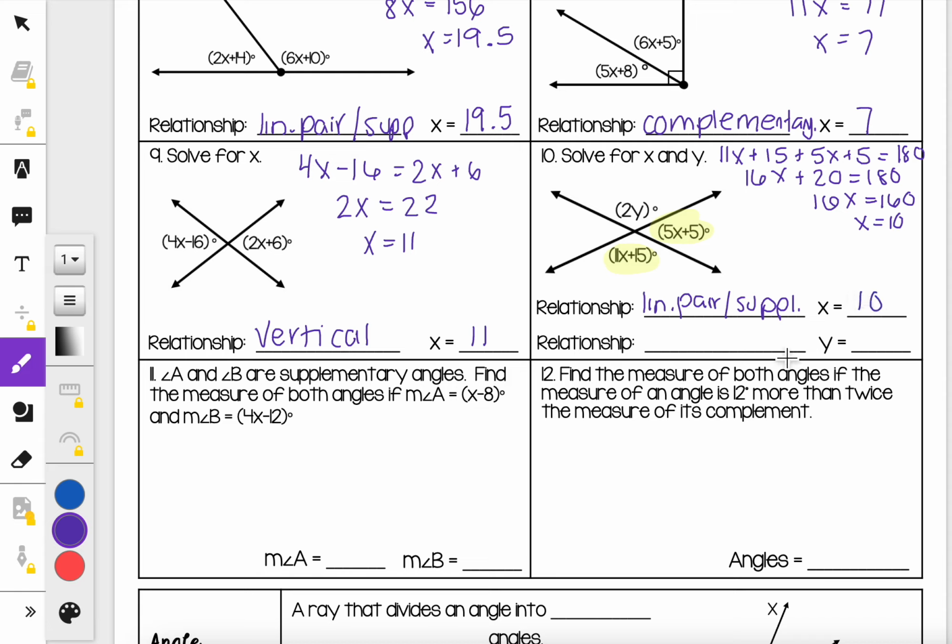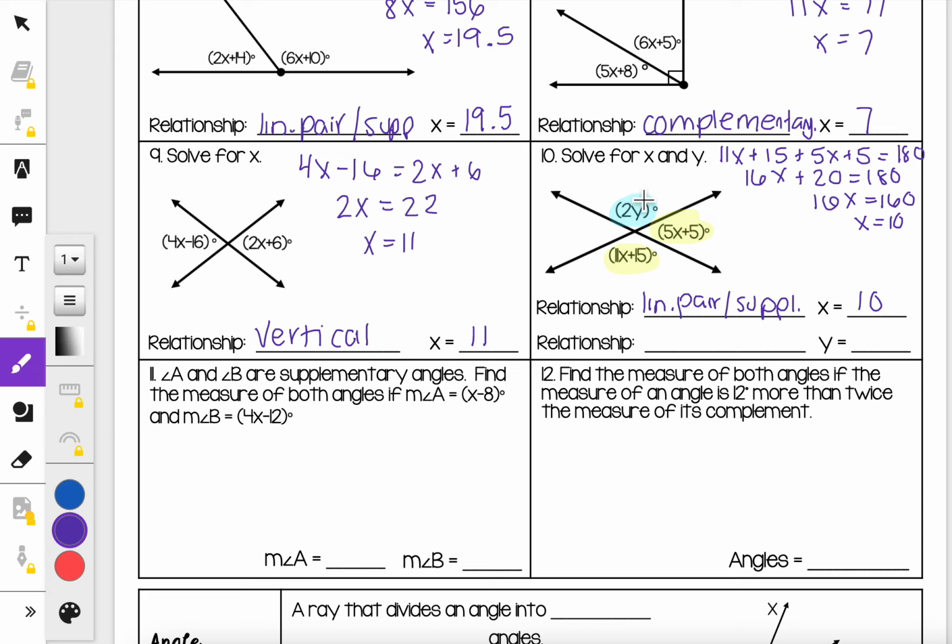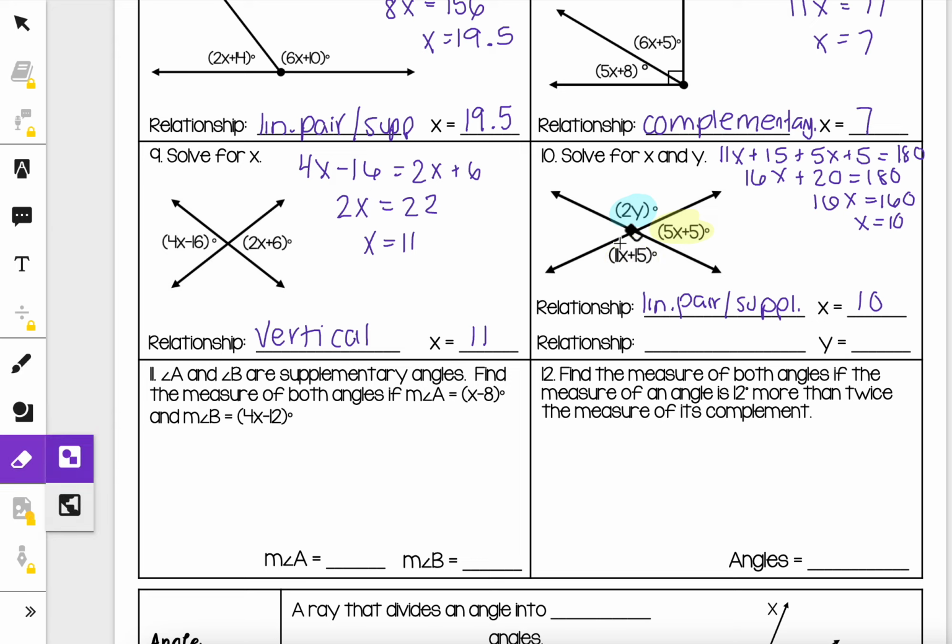Okay, now I'm going to look back and try to find y. I know that this angle here is 2y. Now I could do two different things here. I'm going to try to use vertical angles. So I could take this 10 and substitute it in for x in two different places. I could substitute it in here or in this angle over here, just to use another relationship.